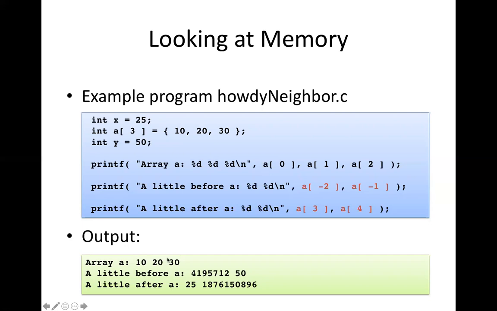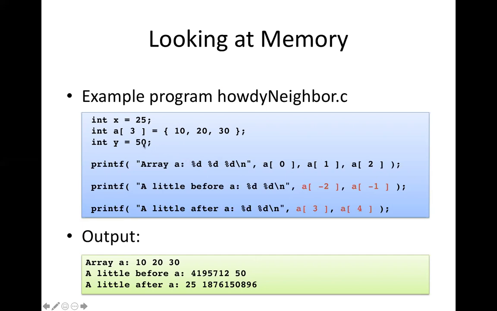But if I back up and start looking at elements before the start of the array, like if I print out A at index -1 or A at index -2, I start seeing other stuff that is stored in memory. You can see down here, when I print this out, I get some random looking value, but right before the start of the array, I get a value of 50.